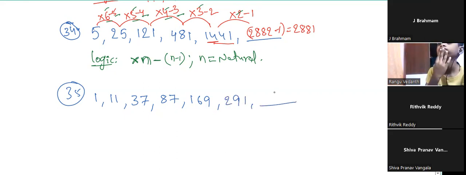What is the next number? Anybody got the logic?